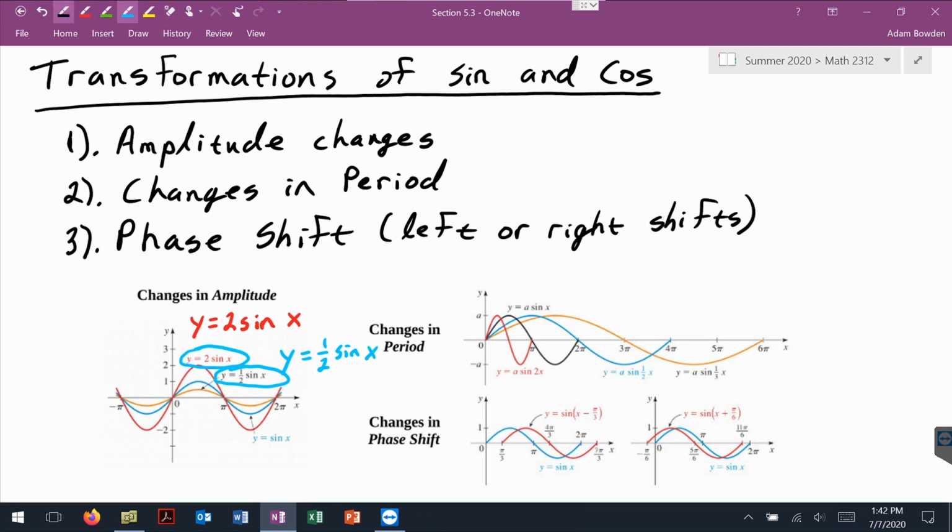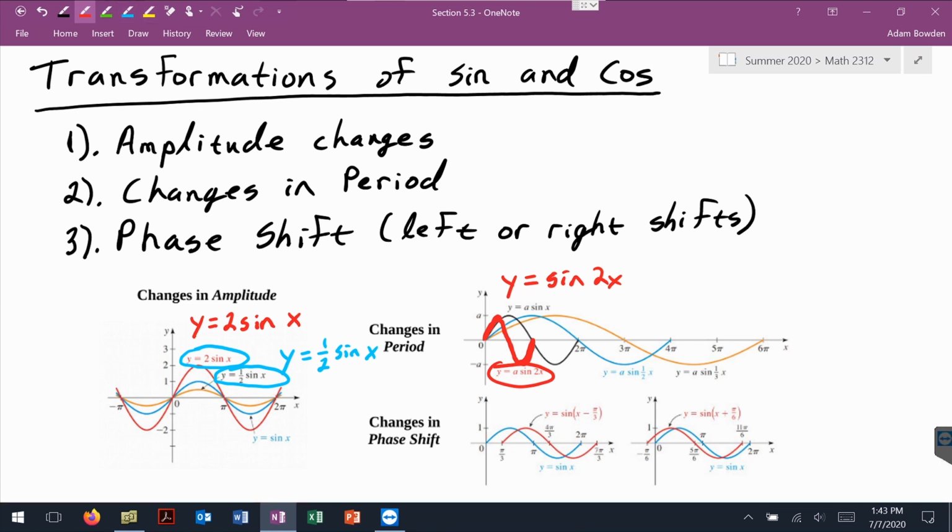And in the period, the difference will be what number we put inside next to the x. So for instance, if we put y equals sine 2x, our graph is actually going to get smaller in period, get shrunk as a result.